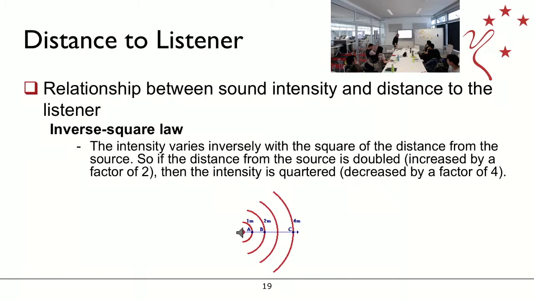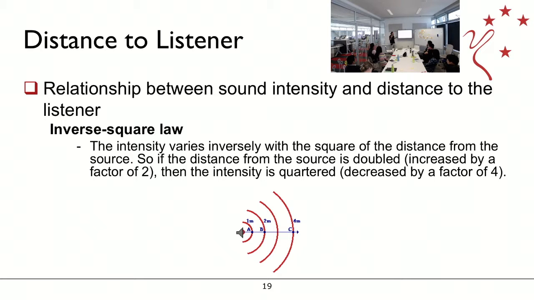One of the interesting things about audio is that there's this inverse square law, which you see a lot in physics. The idea is that the intensity of the sound drops off with the distance from the source, and it's not linear.